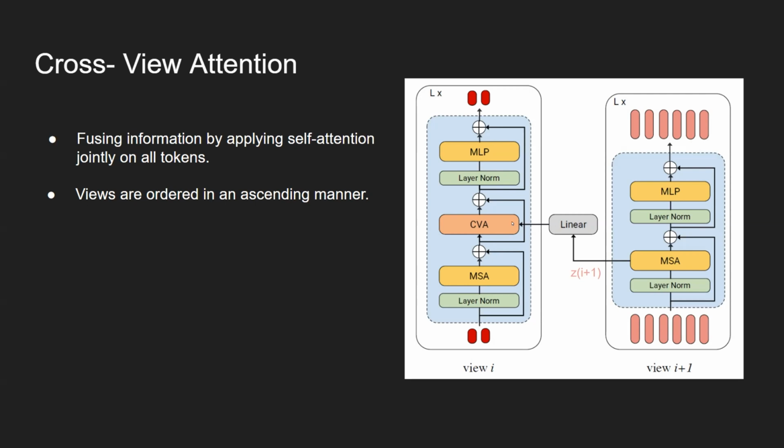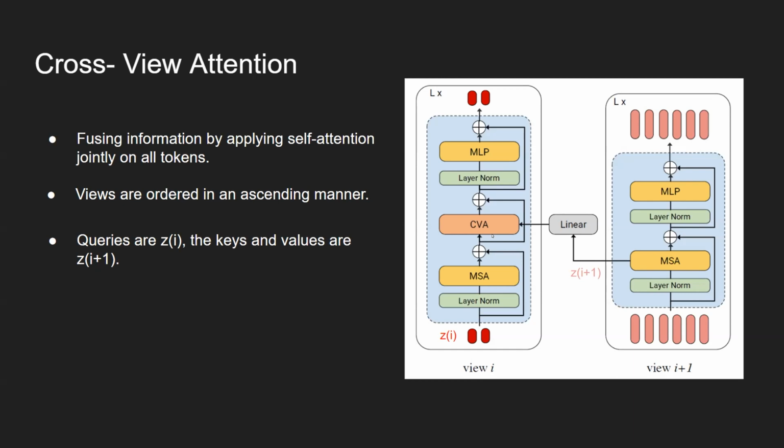Why we are doing this projection is that we are taking the tokens from multiple views, and each view has a different dimensionality. So in order to match those dimensionalities, they have projected this Zi+1, and they have used Zi here. They have used this Zi as a query and Zi+1 as key and values. So that's how they calculate the CrossView Attention.